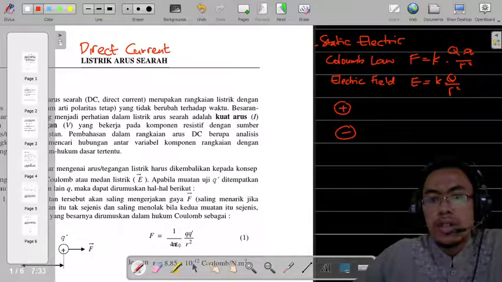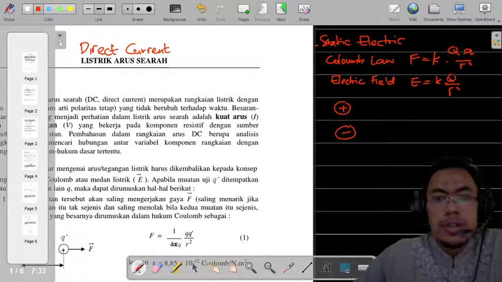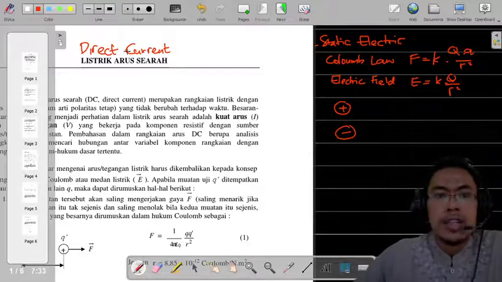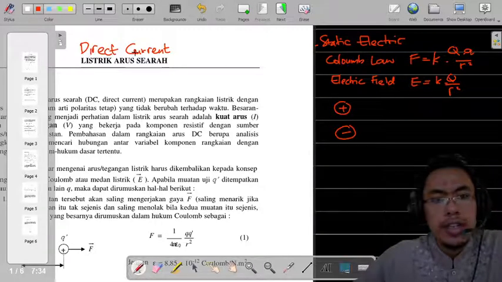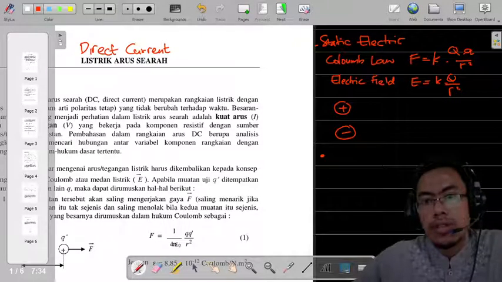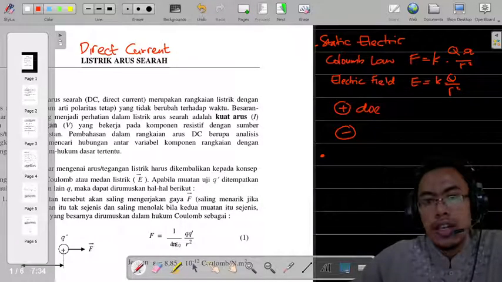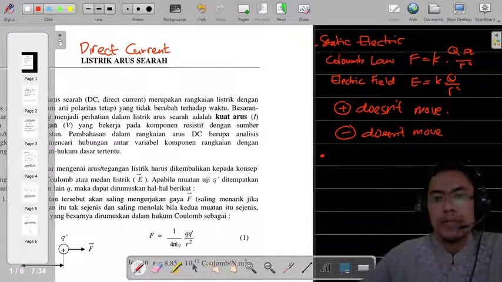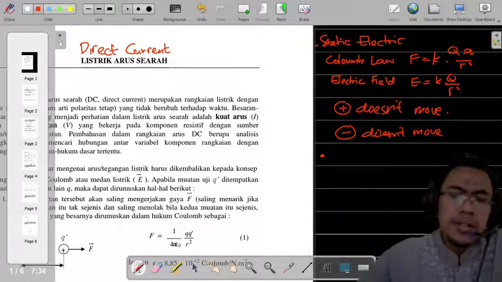We do not learn about what happens when this charge moves from one point to another point. In static electric, the electric charge doesn't move.